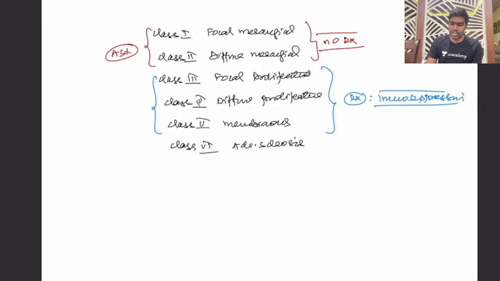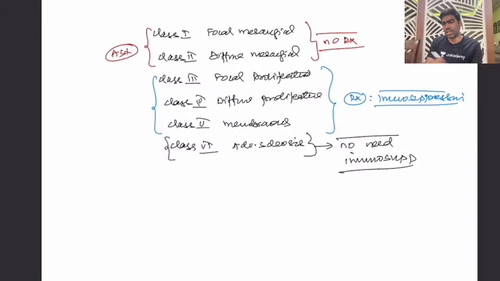And class 6, if you really ask, I'm not going to treat with immunosuppression, because these patients are going to present as ESRD or ESKD, which means the kidneys are already done and dusted.